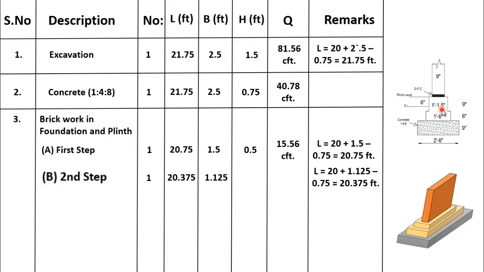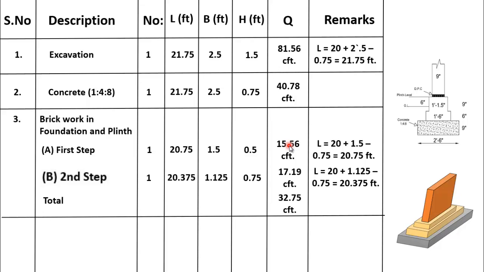The thickness of the second strip is 9 inches or 0.75 feet. Now just multiply all these values. We will get the total quantity of brickwork in second step is 17.19 cubic feet. Now to determine the total quantity of brickwork in foundation and plinth, just add these two quantities. We will get total quantity of brickwork in foundation is 32.75 cubic feet.